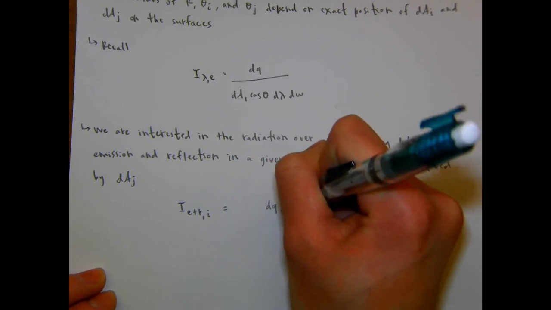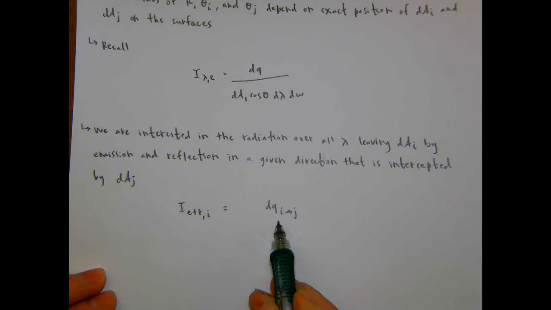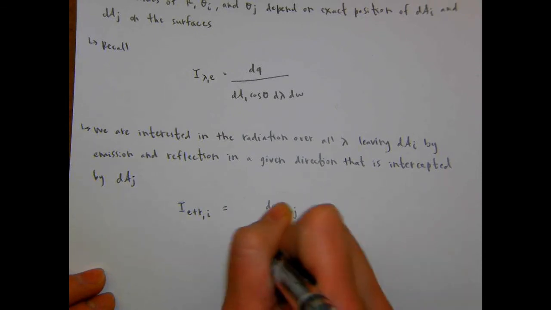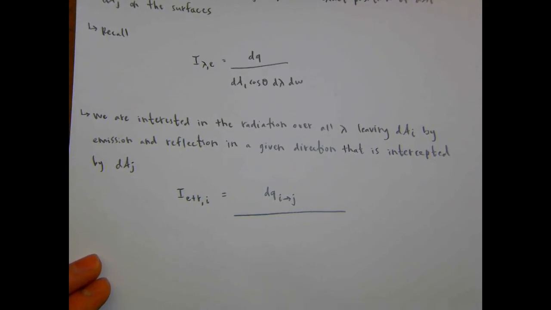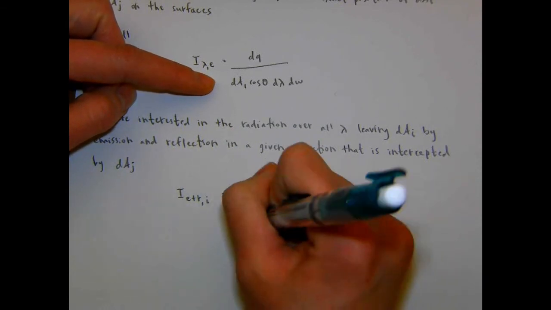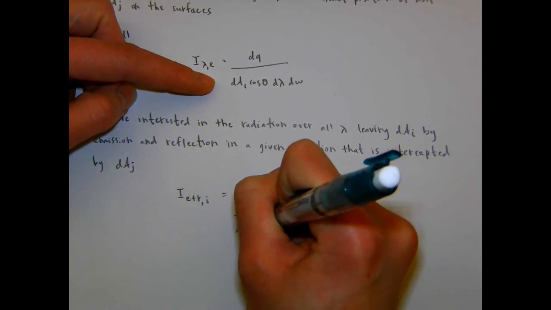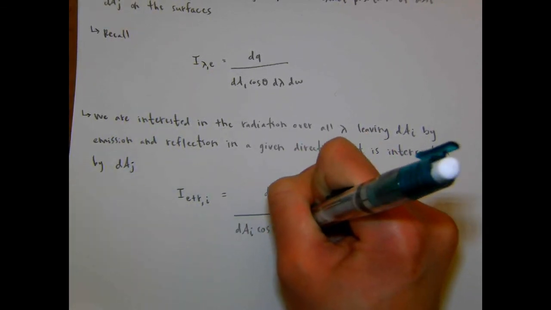And now we're looking at the rate of heat transfer, or the rate of radiation transfer, between i and j, so from i to j. That's what this subscript, dq sub i to j, indicates. Now our emitting surface, A sub 1, is A sub i, and instead of cosine theta, we have cosine theta sub i.